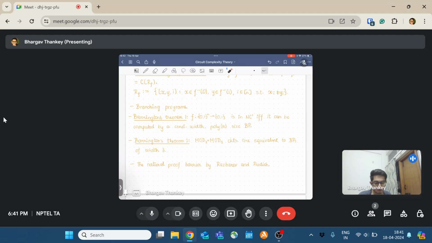And finally, we saw the natural proofs barrier by Razborov and Rudich. What this result says is that any proof which is natural, which makes use of a natural property, cannot separate NP and P/poly. And we saw a formal definition of a natural property.